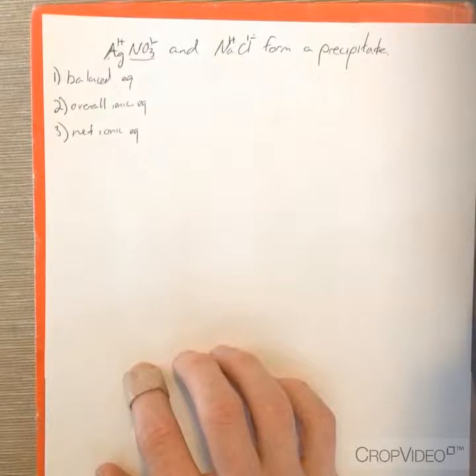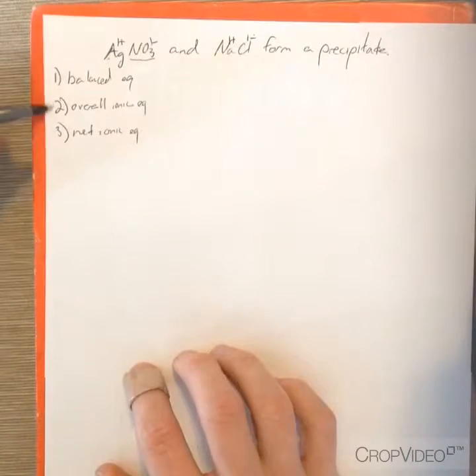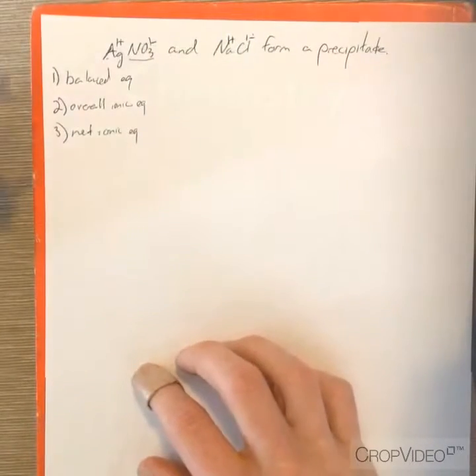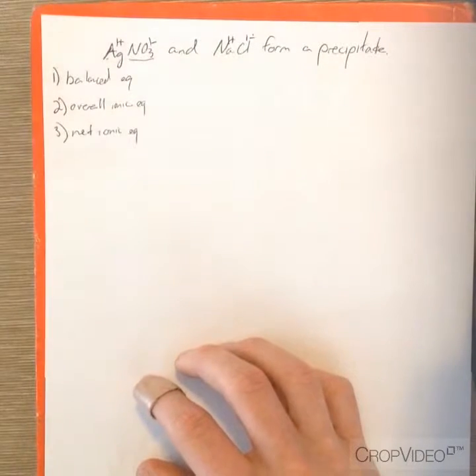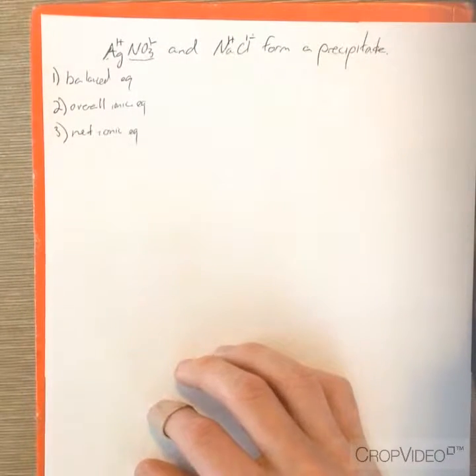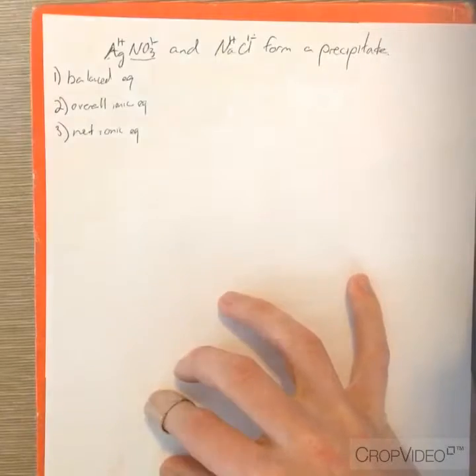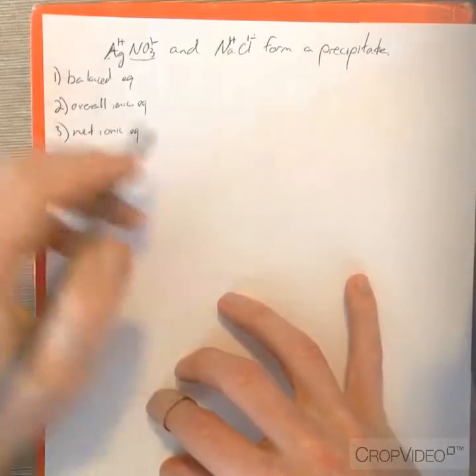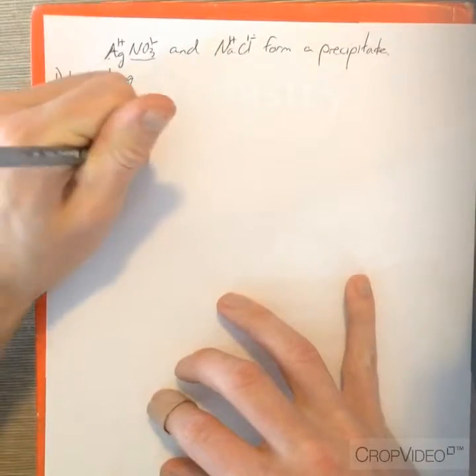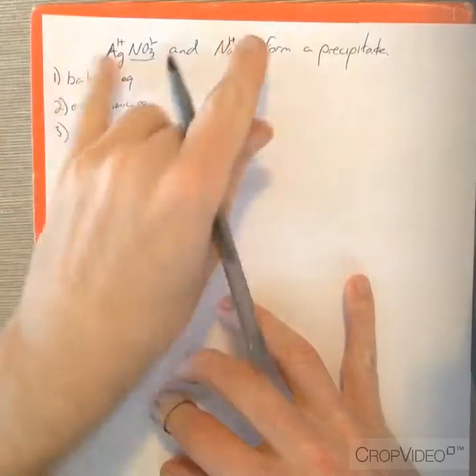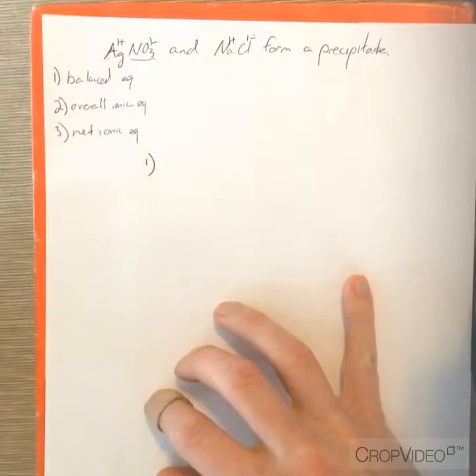Balance equation does not care about what precipitate formed. That's where we get to overall ionic and net ionic equation. And this is also where we use the solubility rules, the chart that I gave you. So starting off here, the balance equation, all I have to do is just switch my anions and my cations.